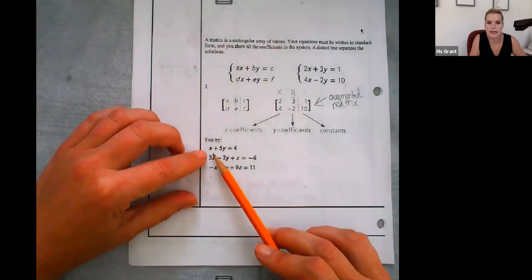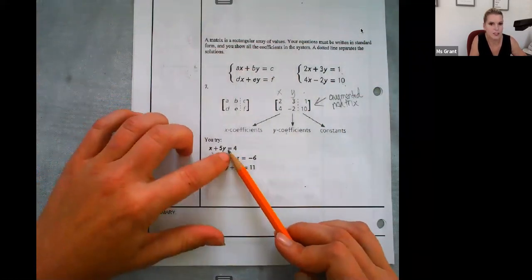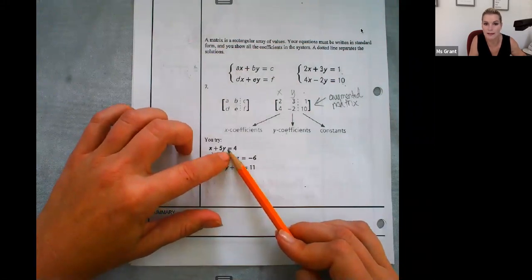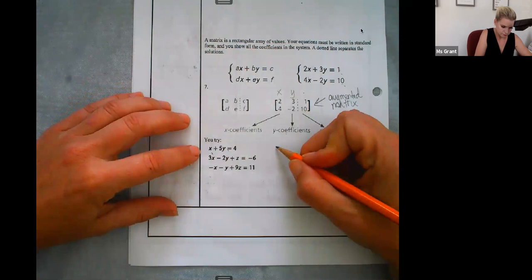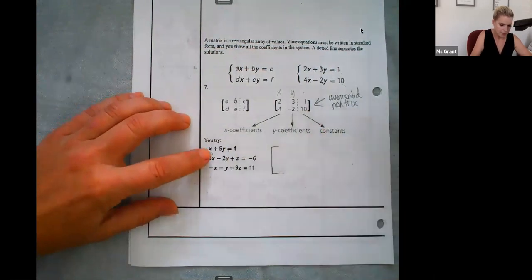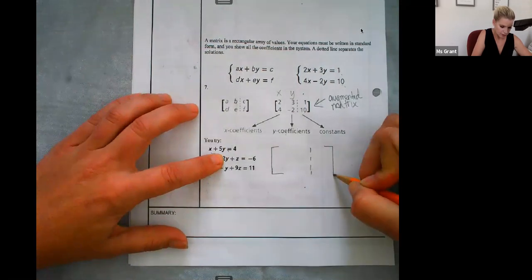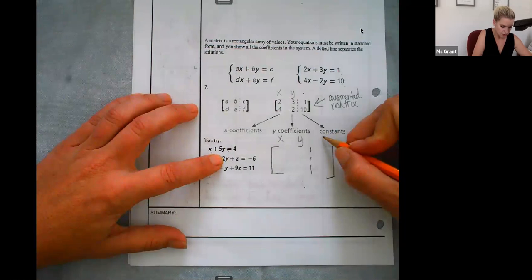Please notice that the number in front of X is a 1. There is no Z. It's not going to be a 1Z. It's going to be like a 0Z. So this is a, ready? Top line. Dotted line separates. Answers go here. X coefficients, Y coefficients, constants.